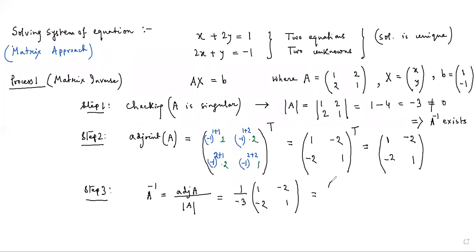So the inverse of the matrix is -1/3, 2/3, 2/3, and -1/3. This is the inverse of the matrix.